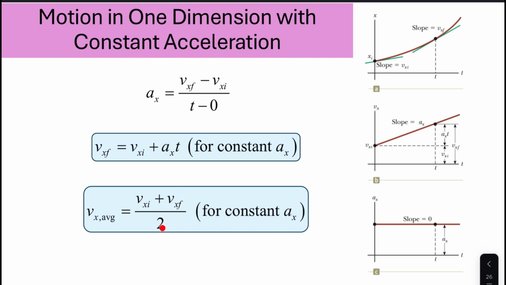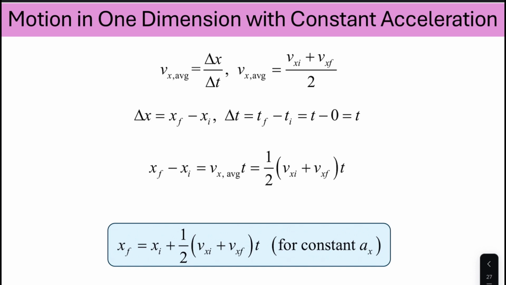And when we have the graph of a versus t, because a is constant, we have only one single line and there is no slope at all. Because from t initial until t final, there is only one value of a, because our a is constant.